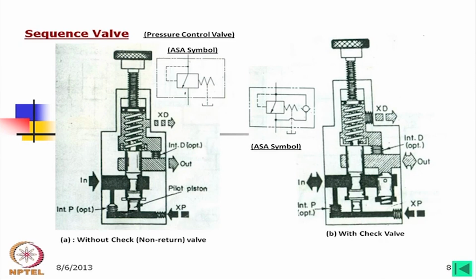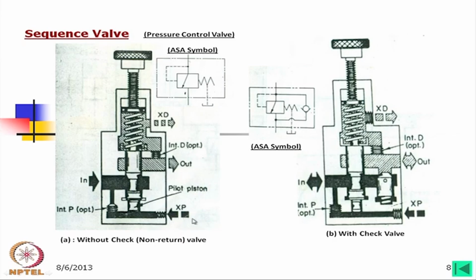The only differences we can understand from their function. In this case, what we have shown is without a check valve, without a non-return valve. Here the flow is coming into this and going out through this one.